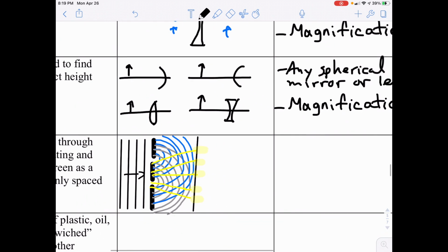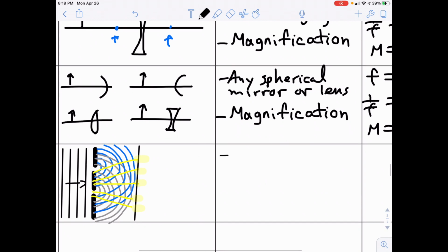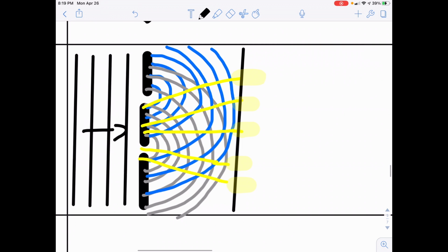And this interference pattern is known as double slit interference, or Young's double slit experiment. But double slit interference is the concept. There are a couple of variables we need to know.